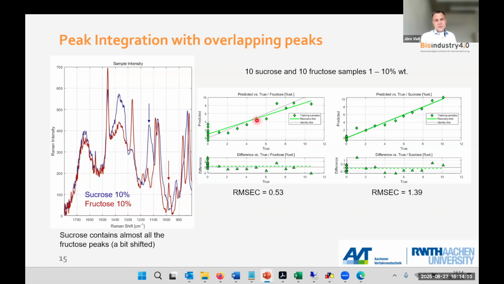It works in that case, but you see also a number of samples have been falsely predicted in these plots. Although there is seemingly a trend that is reflected, there are also very many samples that are not predicted correctly.